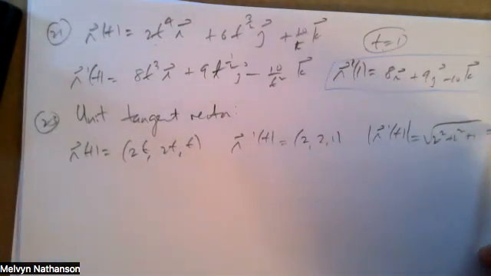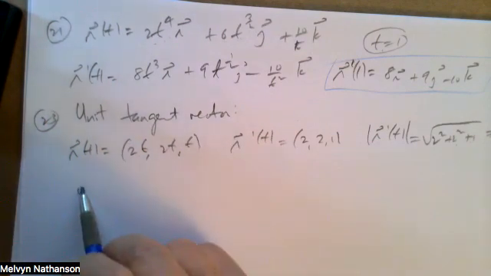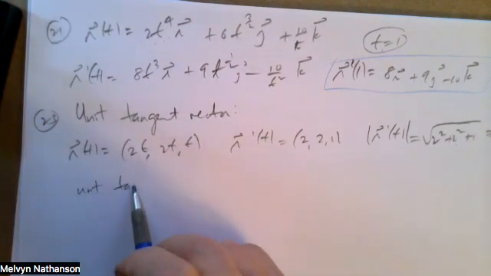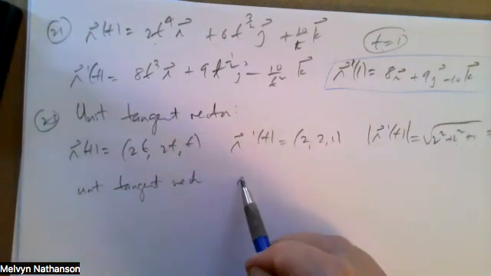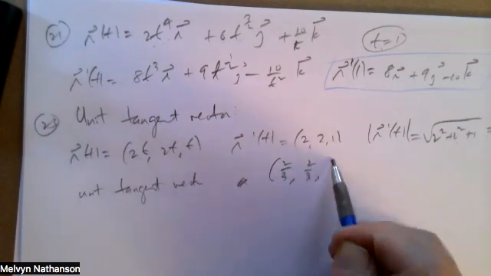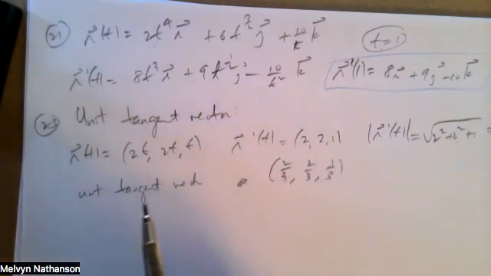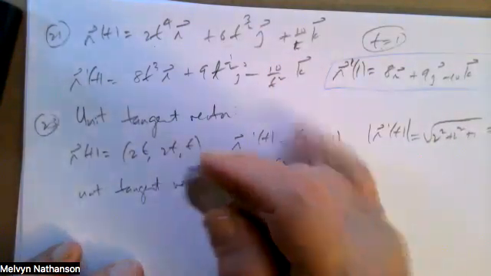Square root of 9 is 3. So the unit tangent vector is 2/3, 2/3, 1/3. That's usually denoted with a capital T.